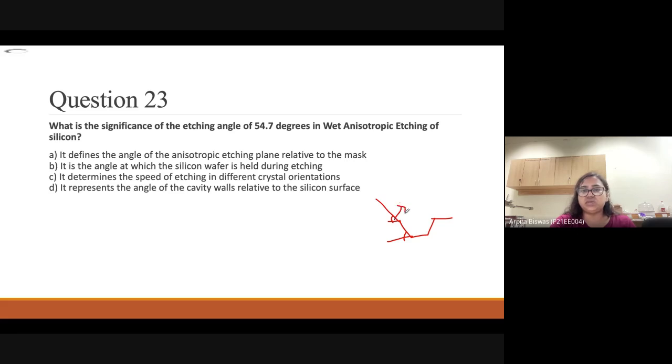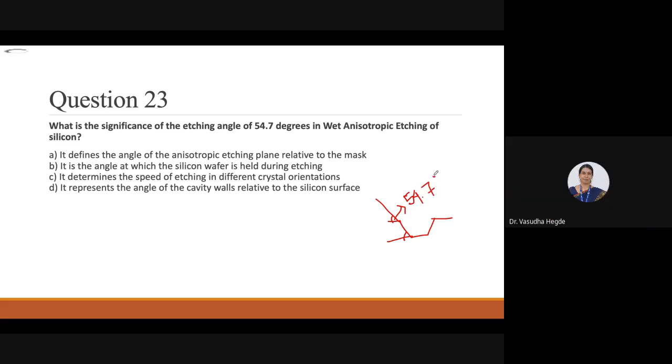So what does it mean, 54.7 in anisotropic etching? Do we say it is with respect to the cavity walls or it is the etching angle? It defines the angle of the anisotropic etching plane relative to the mask.